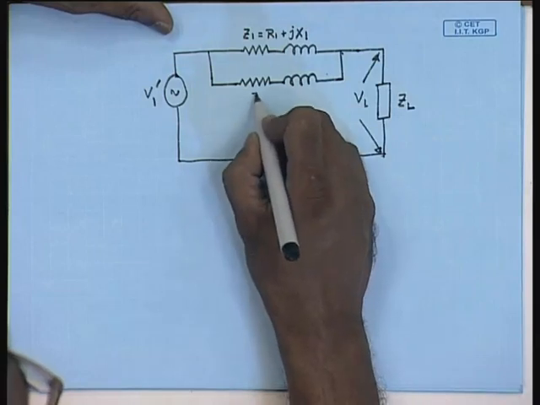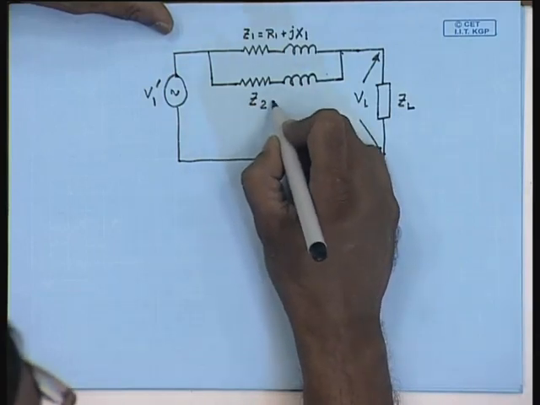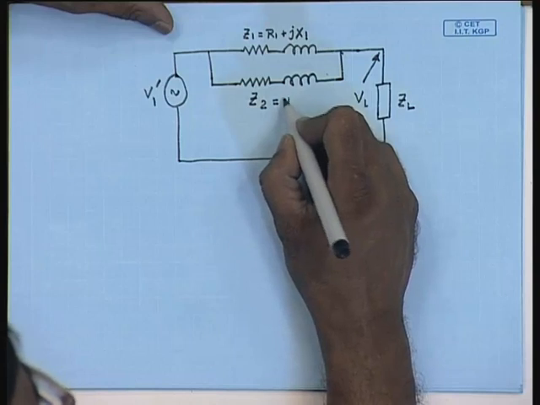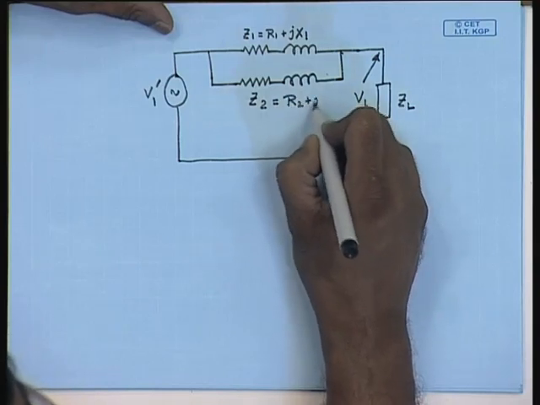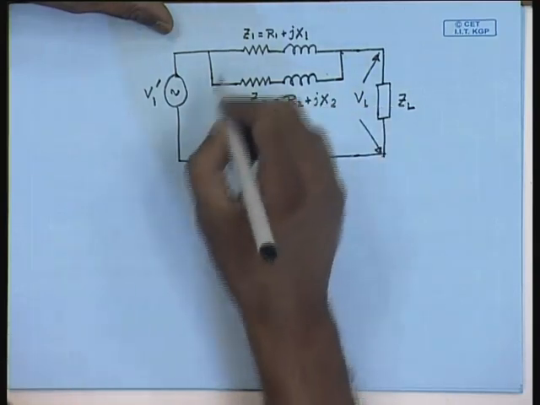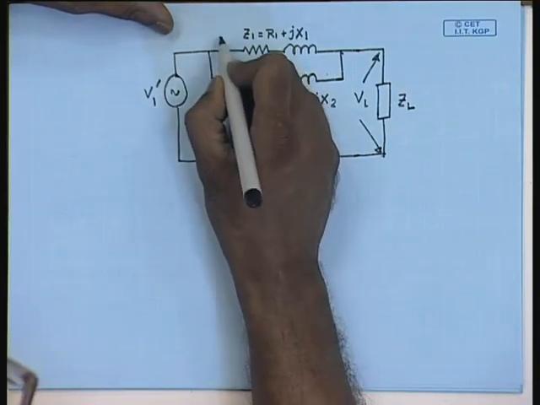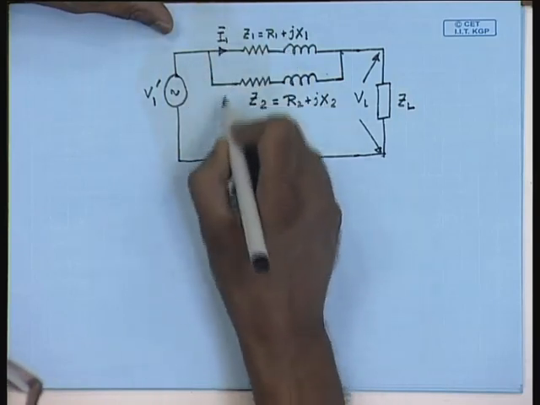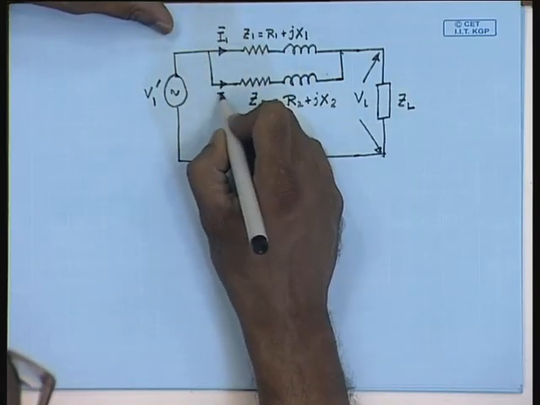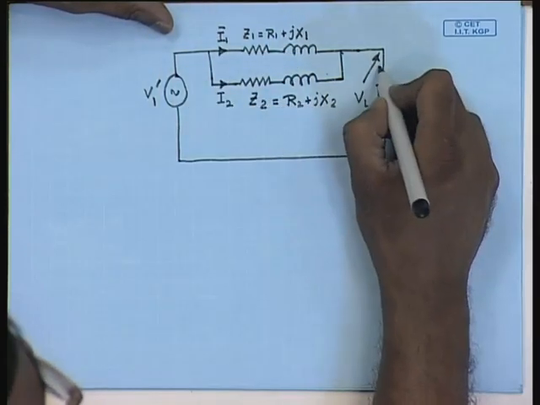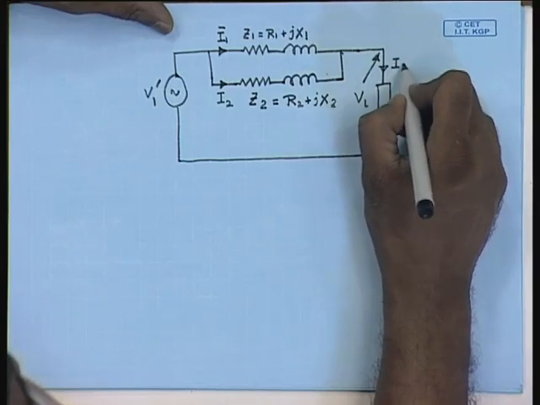So this is Z2 equal to R2 plus jX2. Let us say the total current drawn by the first transformer is I1, the current drawn by the second transformer is I2, and the total load current is IL.